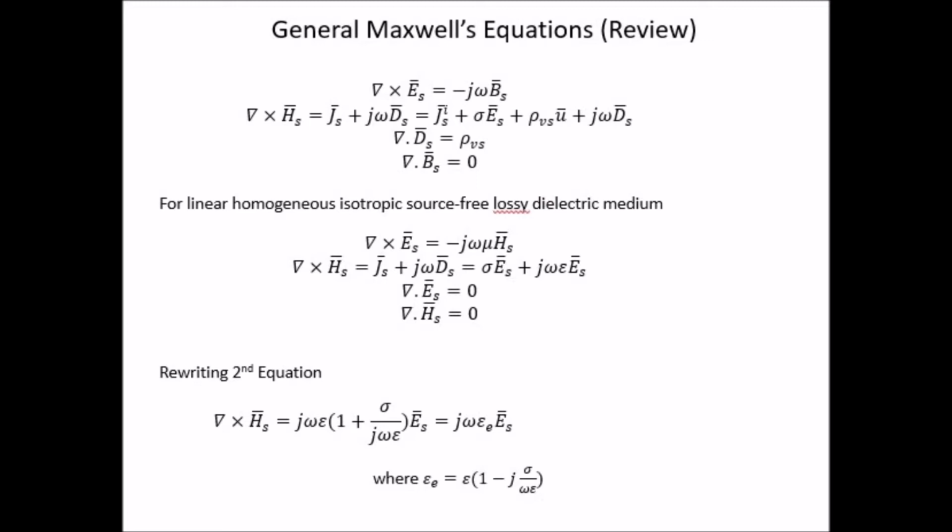As we consider the system is source free, there will be no current source, so the impressed current density will be 0, and no charge source. Therefore, the convection current rho_v u will be 0. So for lossy dielectric, you can see the modified expression for Maxwell's equations.